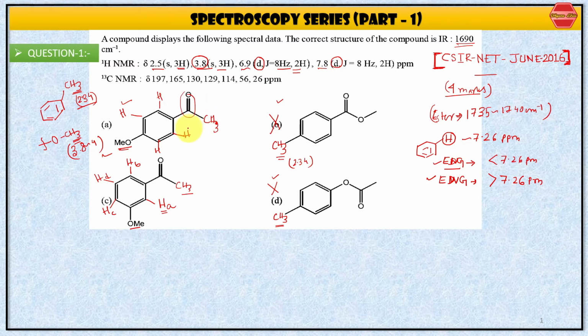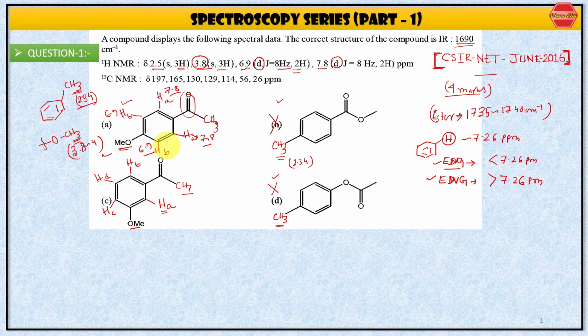So these two protons will show this 7.8 value, and these two protons, HA and HB, show 6.9 in the 1H NMR spectrum, right?